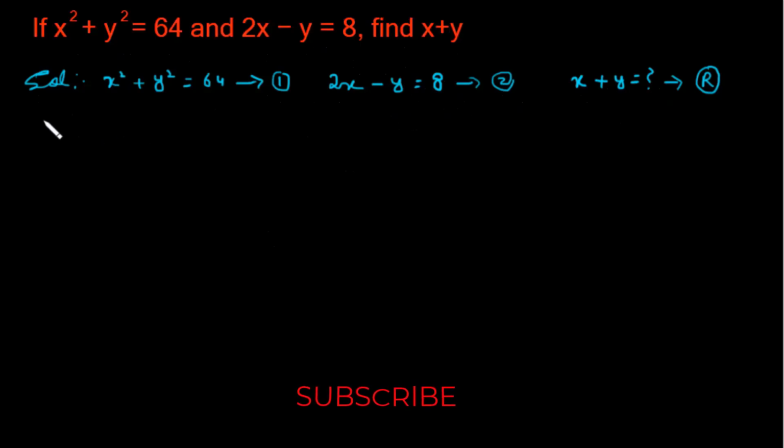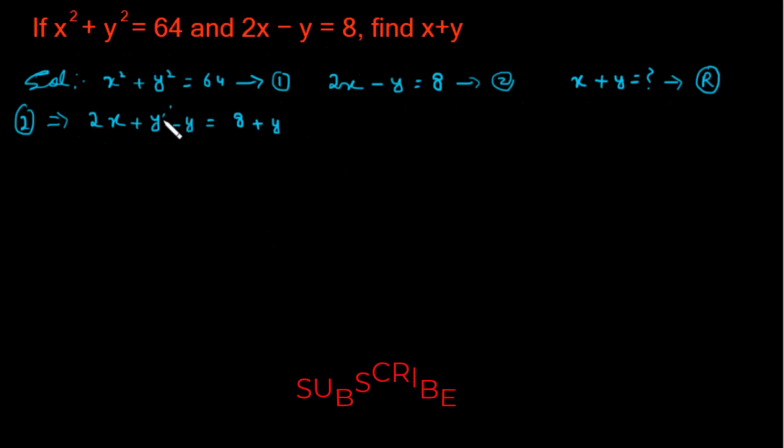In the second equation, we have 2x minus y equal to 8. As I am about to isolate y, I add y to this side and add y to the other side as well. This y will cancel with that one, and I will come up with 2x is equal to 8 plus y.